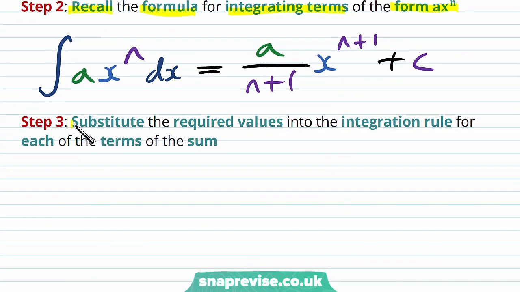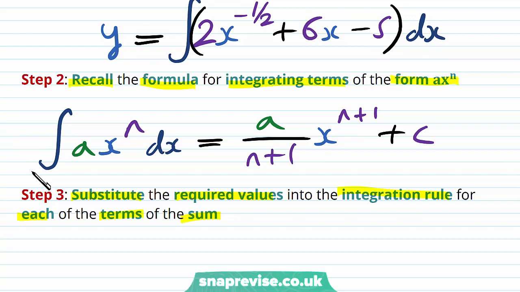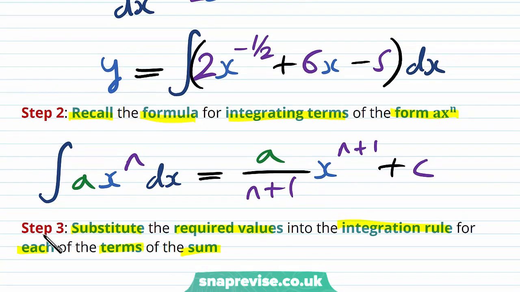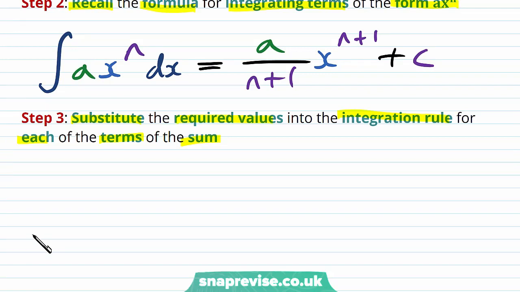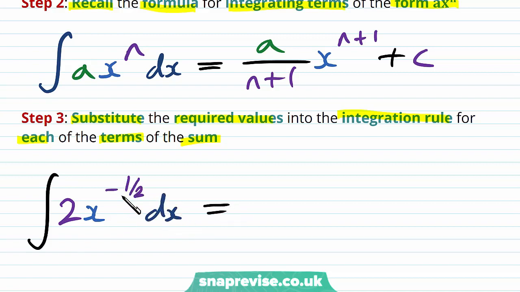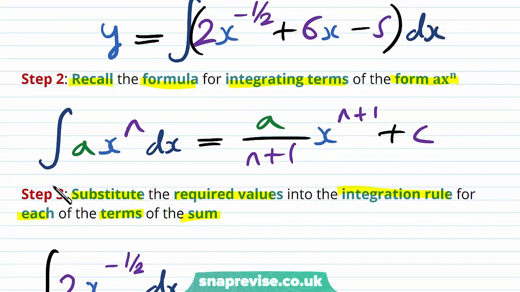Our third step is to substitute the required values into the integration rule for each of the terms of the sum. Let's apply the linearity of integration and split this up into 3 integrals. Our first integral is going to be the integral of 2x to the power of minus a half with respect to x. If we look at our power, that's our n value, and we have to add 1 to that and put it into the new power and divide by it.